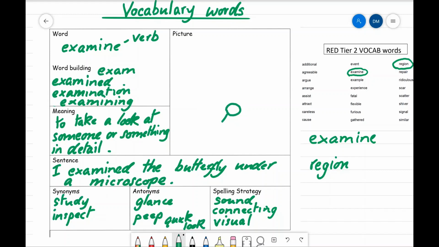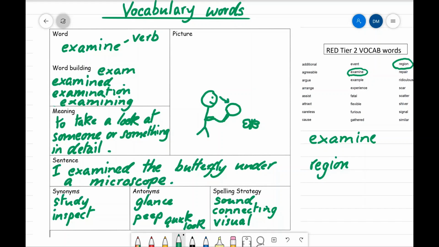And let's have my stick man looking through a microscope at the butterfly. My goodness, that's not very good.